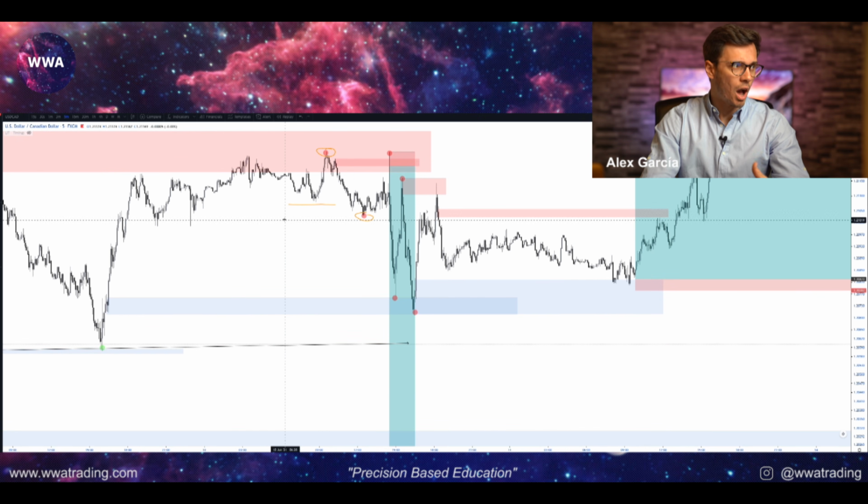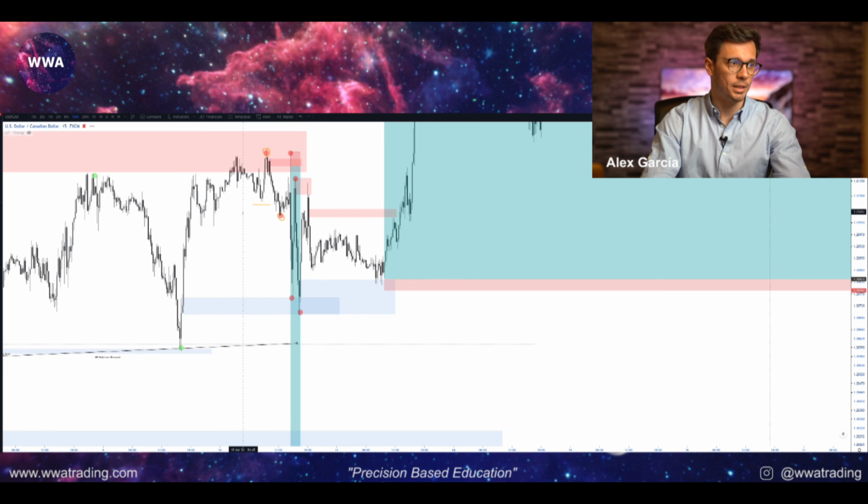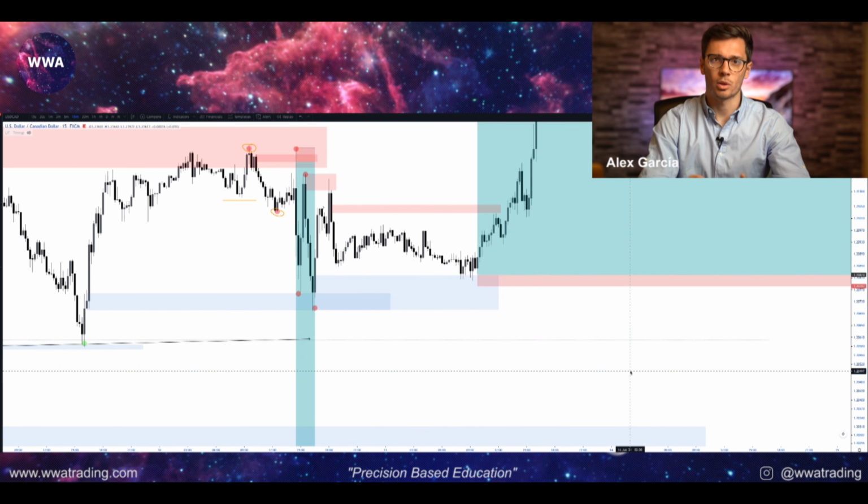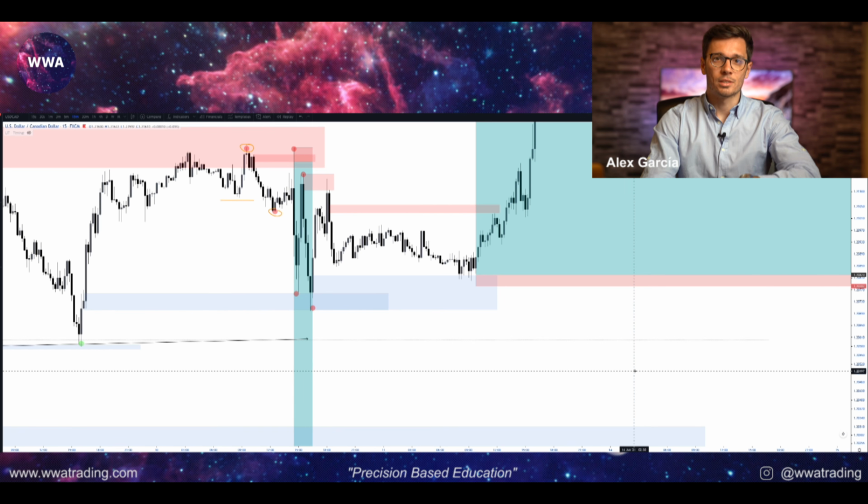After all these confluences in place, I started on the M15 time frame, which is more of an intraday perspective. Intraday trading is way harder than swing trading.